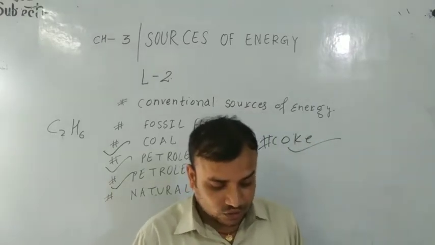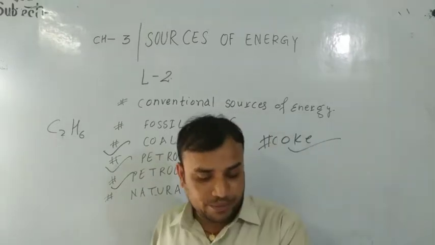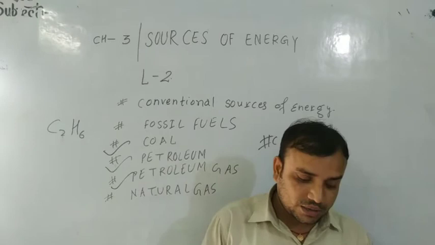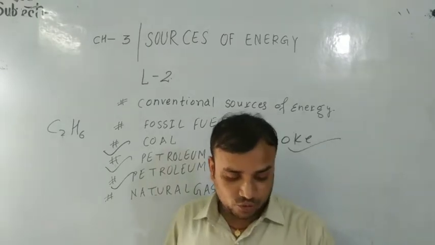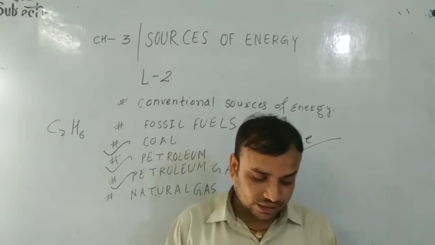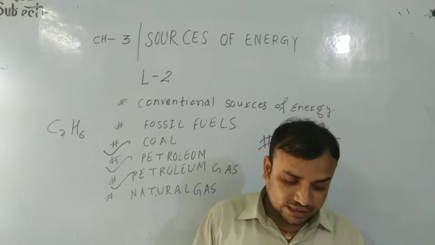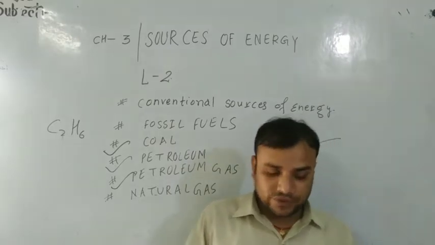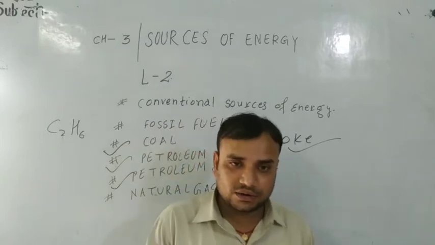LPG, liquefied petroleum gas, consists mainly of butane and isobutane and normal butane, along with smaller amounts of propane and ethane, which have been liquefied by applying pressure. In other words, it is the domestic gas cylinder from companies like Indian, HP and others present in our country.